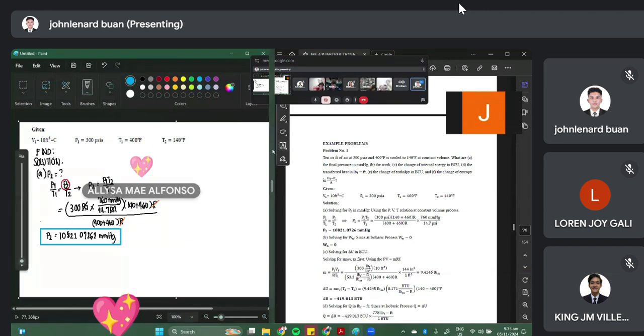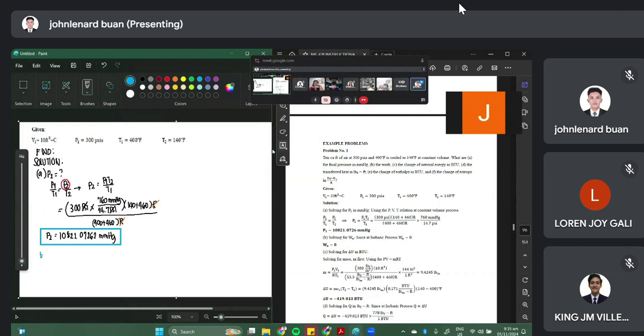Continuing. Okay, so for letter B, meron na tayong A. Meron pa rin pinapahanap, ang work. Sabi natin kanina sa lecture, in isometric process, there is no work being done. Okay, ang tanong for letter B ay work, which will fall under work non-flow.